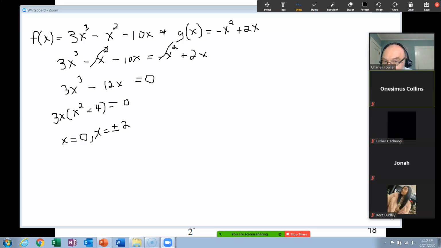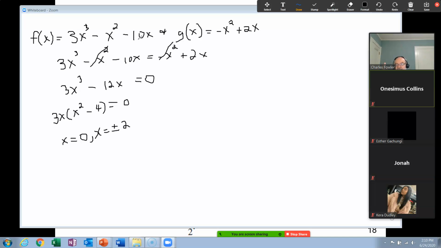So now we have to ask ourselves, who's on top? Okay? So what I'm going to do here, let's take the lower two, minus 2 to 0, pick a number in between, like maybe negative 1. Let's plug a negative 1 in here, and you get a negative 3 minus 1, that would be negative 4, plus 10 would be a plus 6.